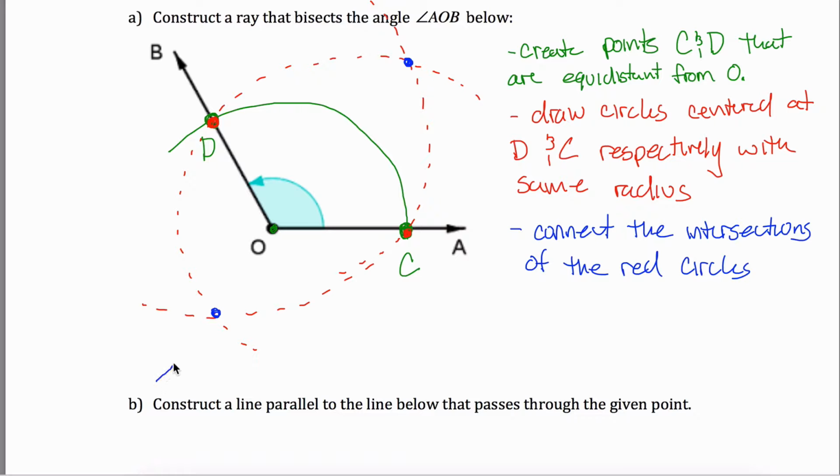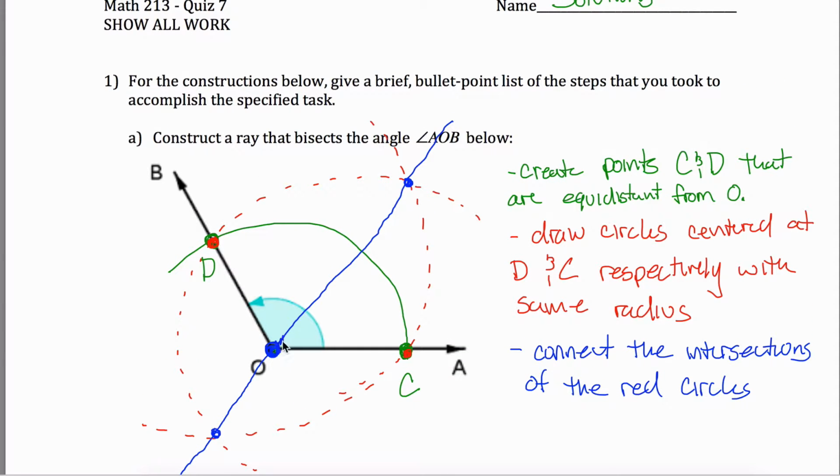And if I connect those with a straight line, that is definitely not the prettiest straight line. What I get is a ray. The ray starts here and comes up in this direction. And I have now bisected that angle.